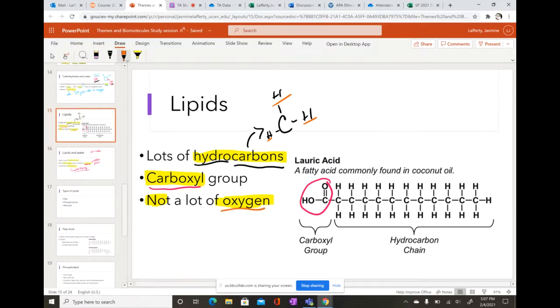Now, it does have a carboxyl group, which is this right here. A C with a double bonded O. That is called a carbonyl.